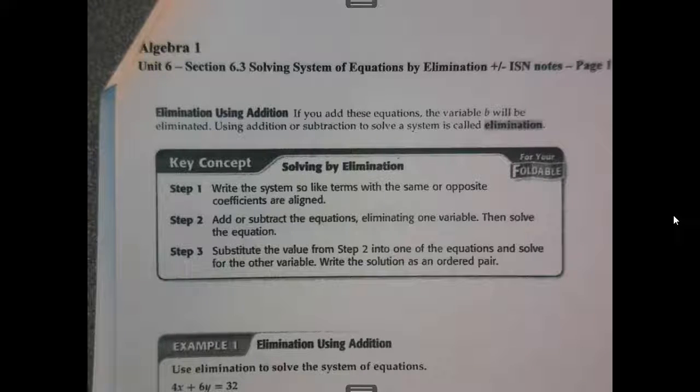Now, yesterday on the quiz, those of you who did solve, we did it by substitution. Those of you who solved for one variable did not go back and solve for the other variable.